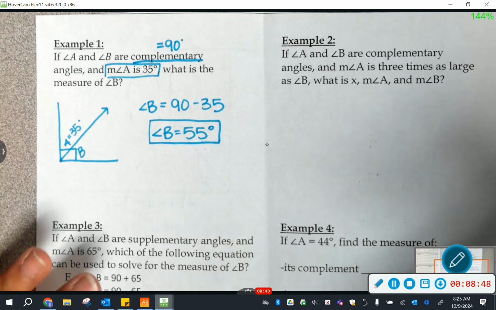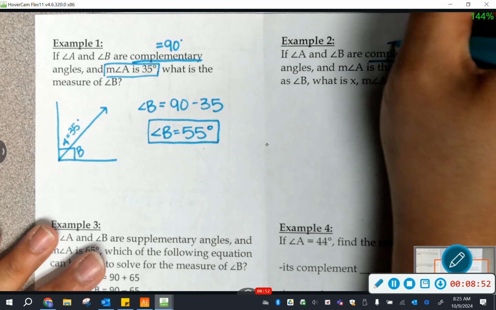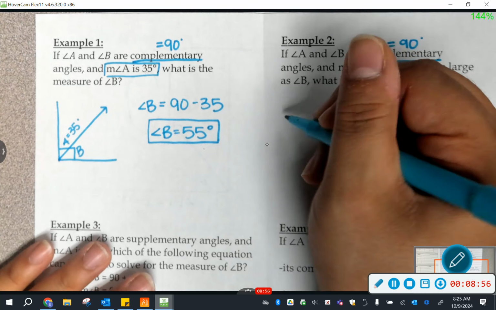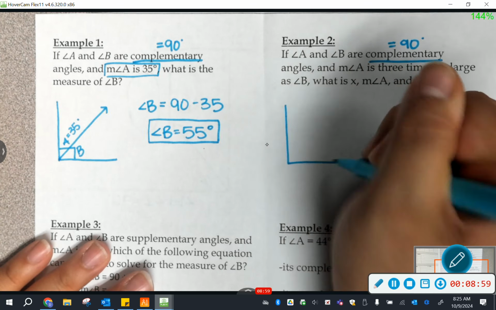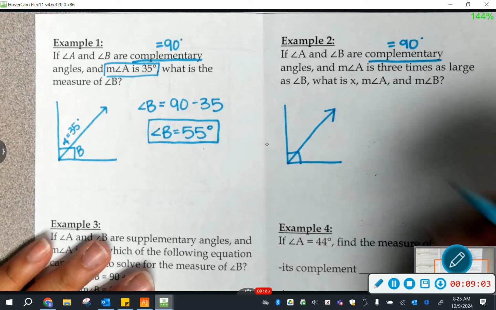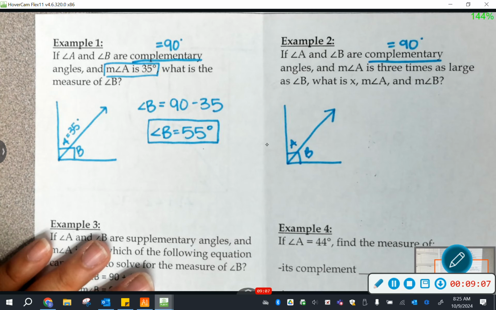Example 2. Again, A and B are complementary. What does complementary mean? Equals 90 degrees. So I'm going to draw a right angle with a ray in between. And I'm going to call them A and B again. Okay, this one's a little bit more complicated.